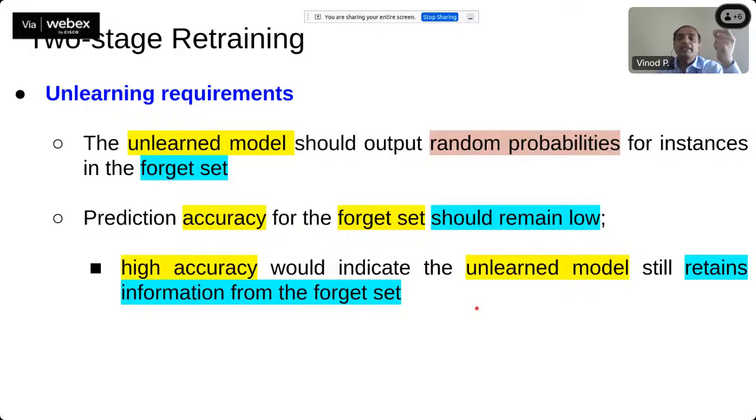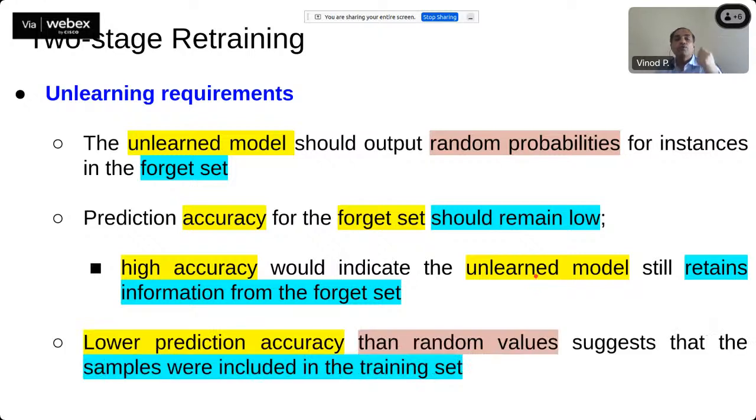So now the question that one should ask is why we are saying it should be random low probability. Why could it not be 0 for the forget set?